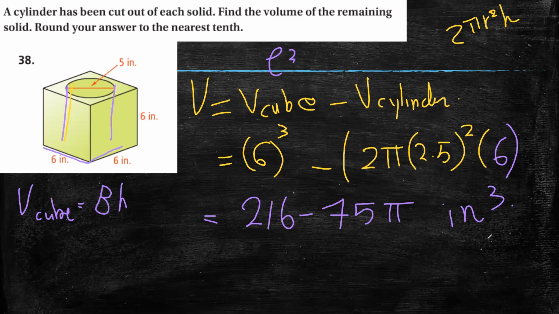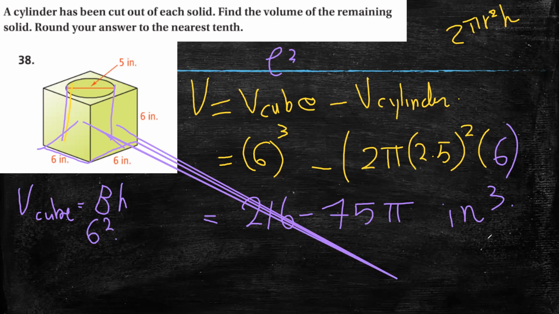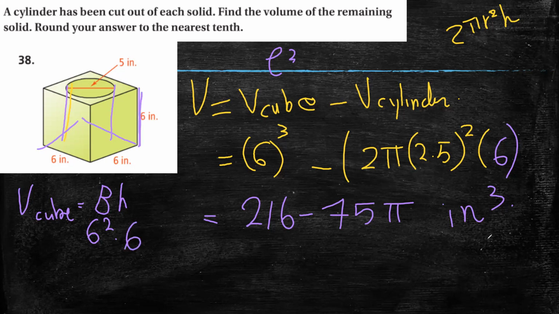Look at the base, it is a square. So it is 6 squared times the height that's perpendicular to the base. It's also 6. That's why we say it is 6 cubed.